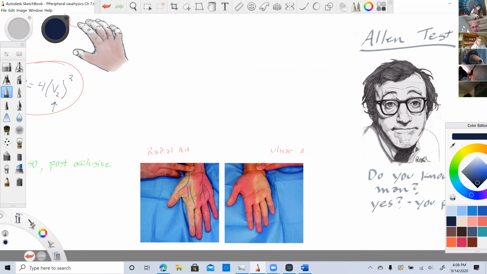Blood will find its way to the thumb and the first finger and part of that middle finger, but there might be enough tissue damage where they could actually lose part of their hand. So not a good thing. So a radial artery harvesting.